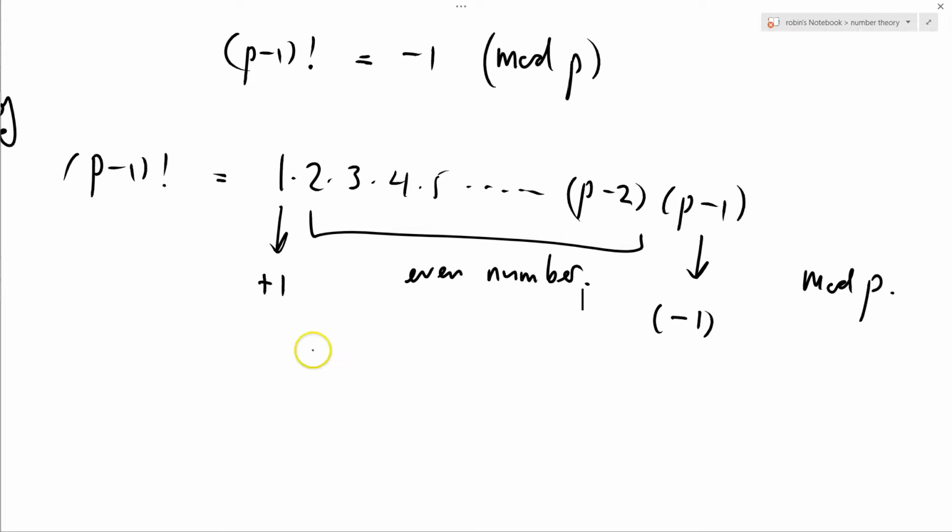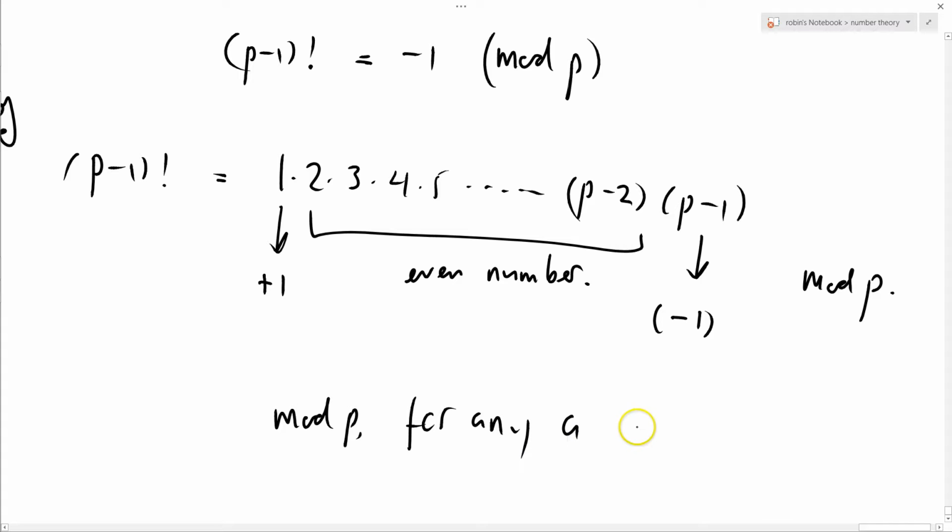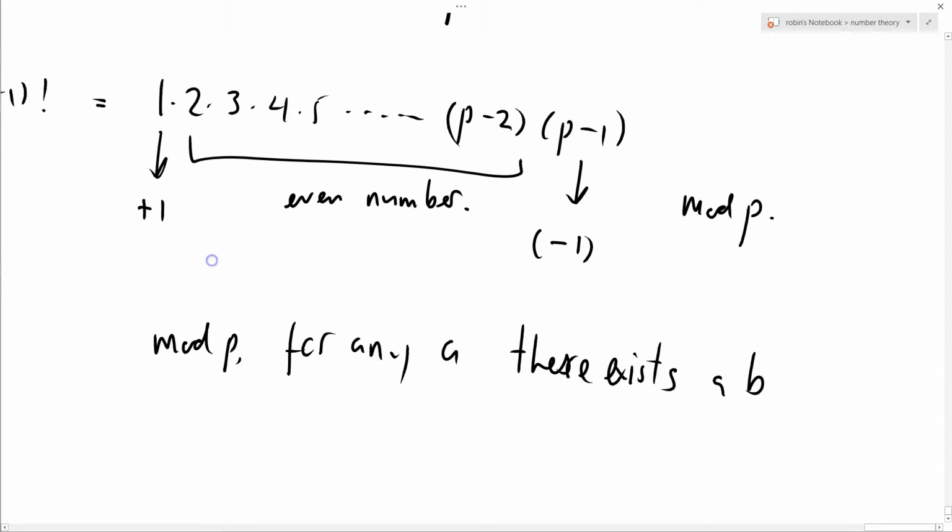And I'm going to make use of the fact that modulo P, for any A, there exists a B not equal to A with AB equals 1.